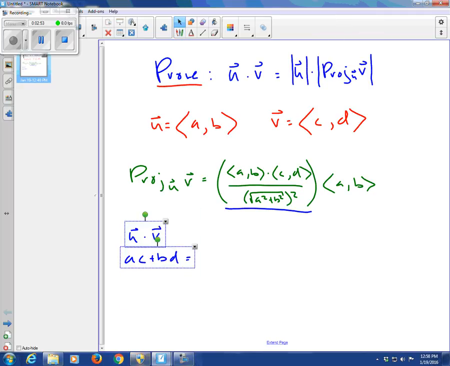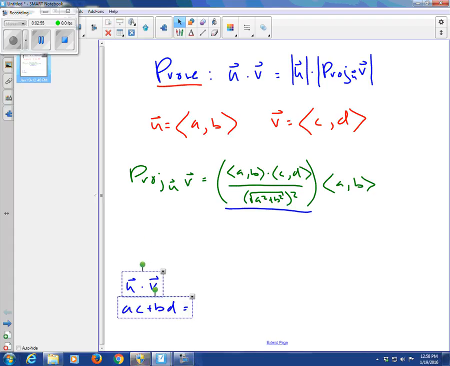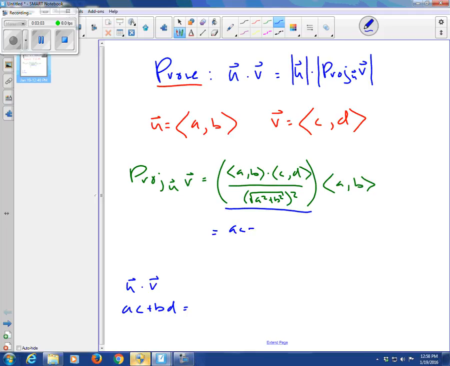So moving all this stuff down a little bit more, this is really most of the work. Right here what we're going to have is ac plus bd, there's our dot product, over, and then the square and the square root kind of cancel out, so we've got a squared plus b squared, and that's the scalar we're going to multiply our vector u by.